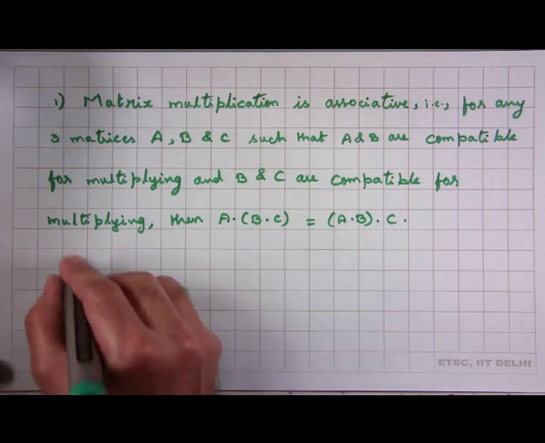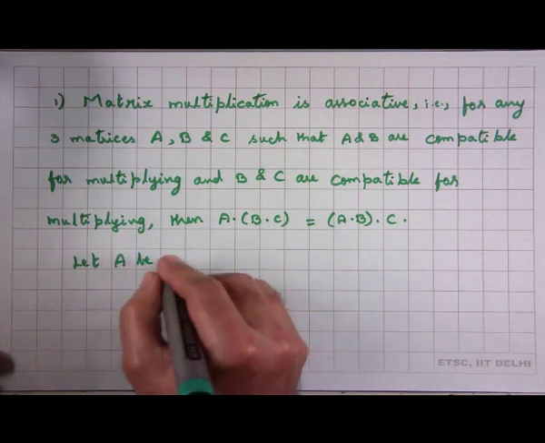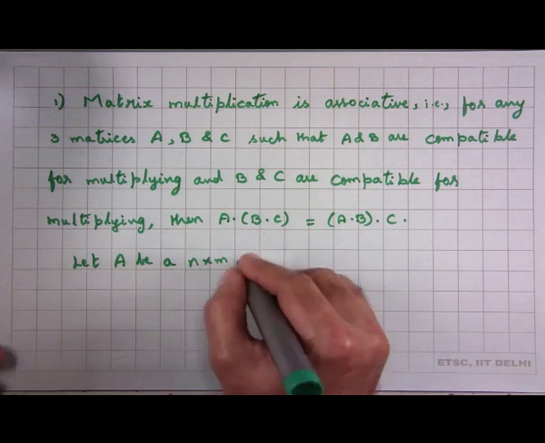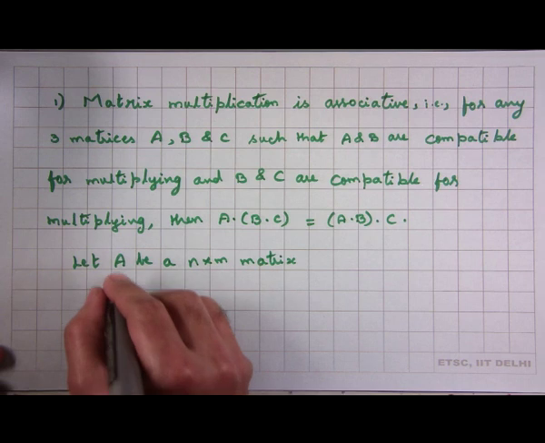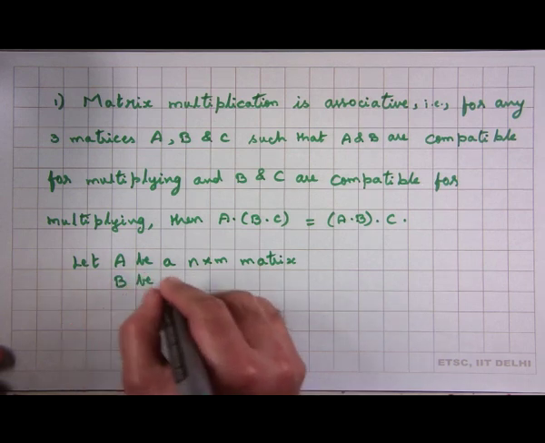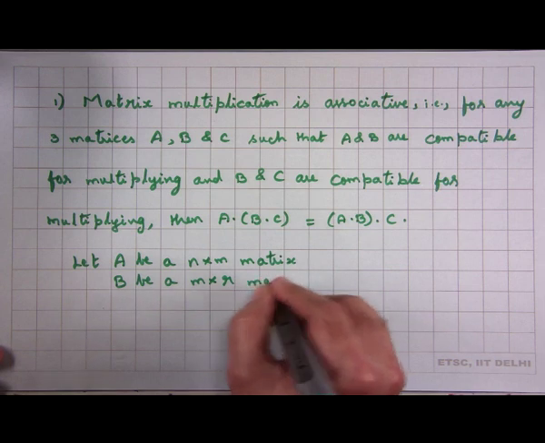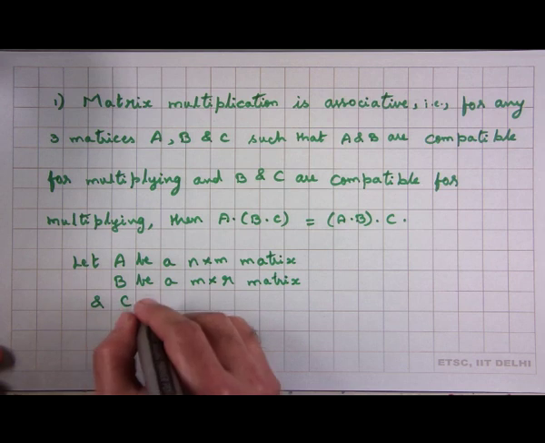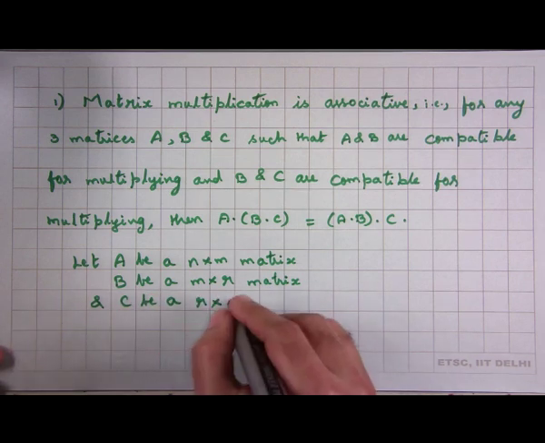So, let A be an n by m matrix, B be an m by r matrix and C be an r by s matrix.